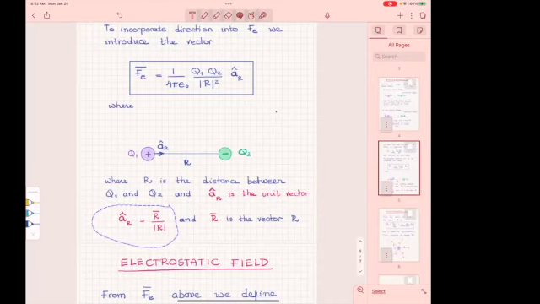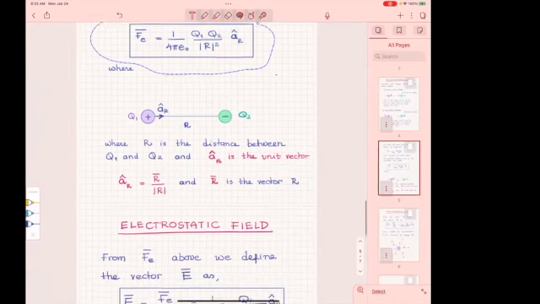divided by its magnitude. All right, so if you have any vector, and you want to define its unit vector for that particular vector, you take the vector, however you express it in Cartesian, cylindrical, or spherical coordinates, and then you divide it by its magnitude. All right, and that is going to give you the unit vector. So this is the correct mathematical expression that we are going to use.